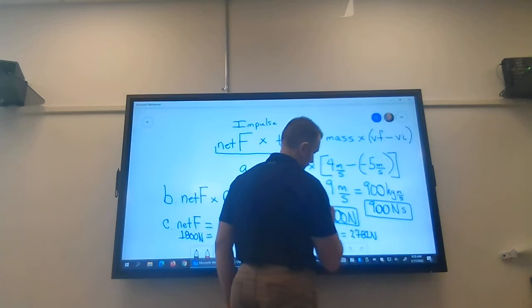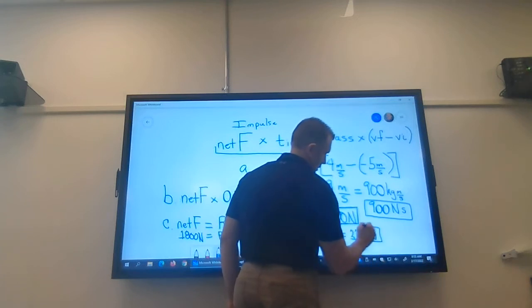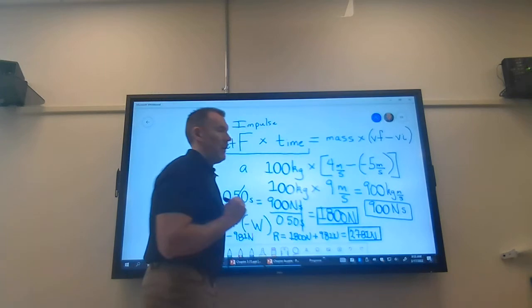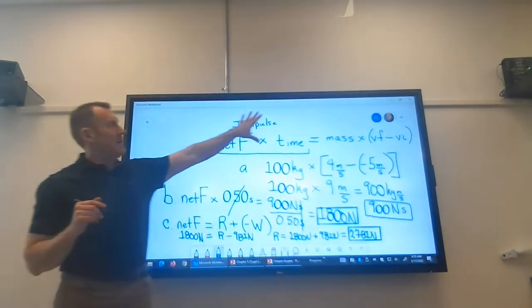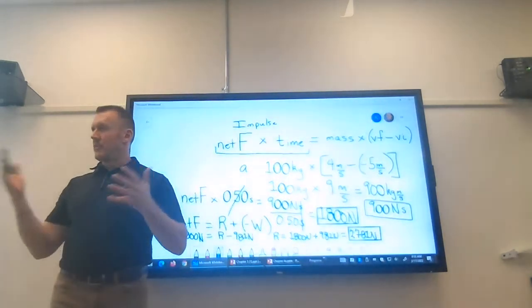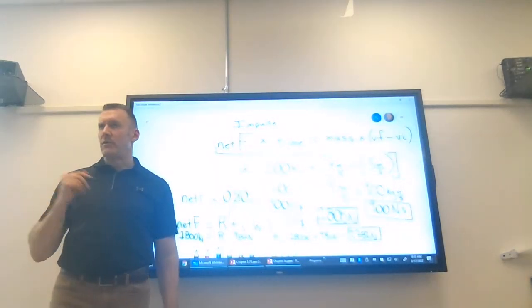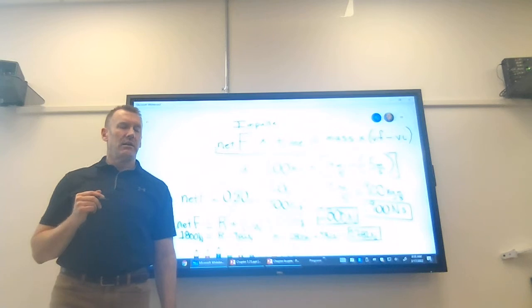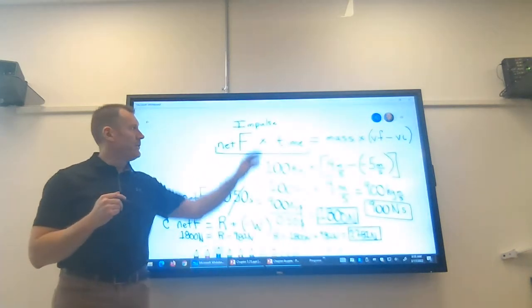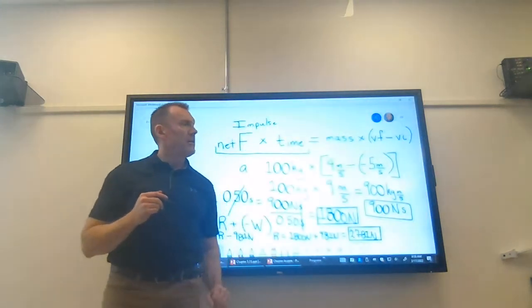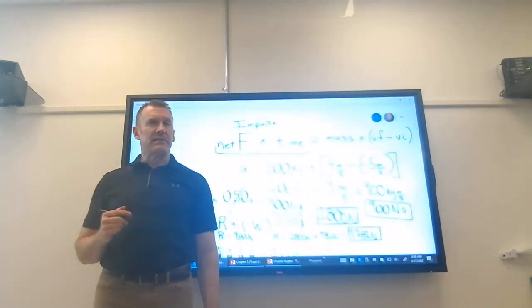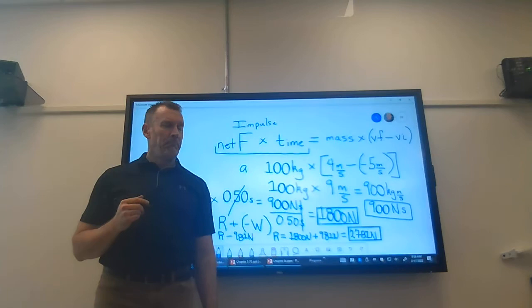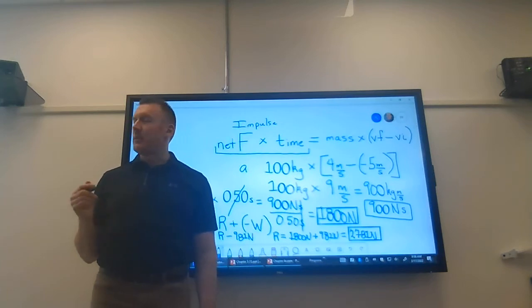So those are our three answers right there. So this is a case where we're just taking this impulse momentum relationship and just arranging it in different ways to solve for what we need. So take what we have and then use this relationship in different ways to solve for different aspects of force. So let you think about that for a minute.